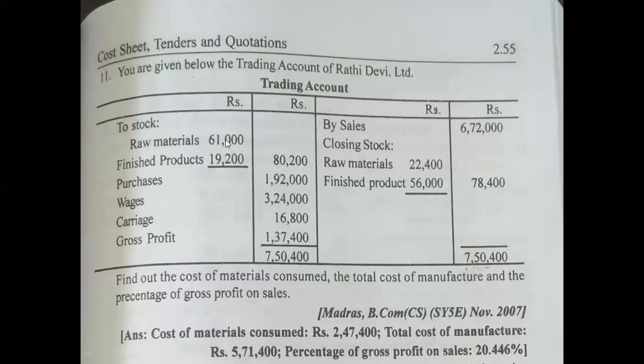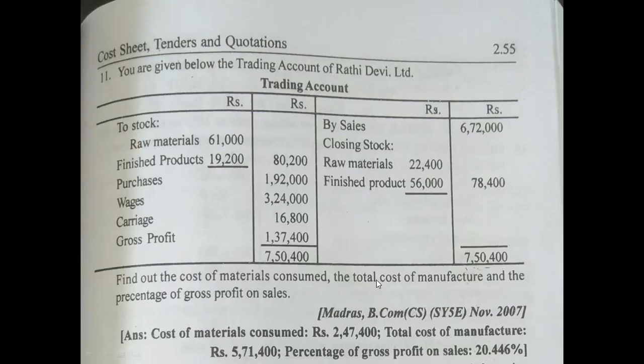So 61,000 plus 1,92,000 plus 16,800, then deduct 22,400. If you do this, you get the cost of materials consumed, 2,47,400.